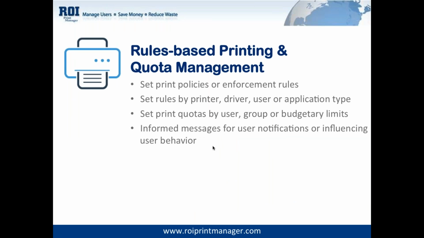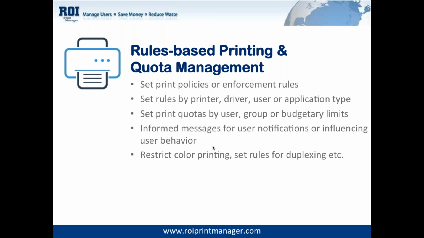So as I alluded to before, we have a number of modules within ROI Print Manager. The rules-based printing is a module that you can sell on its own, as it were, to the customer. Typically, the tracking module is a kind of baseline module that we sell all the time. It's always key for everything else that we offer to be able to track what the users are actually doing.